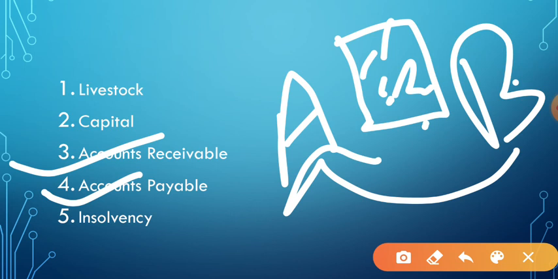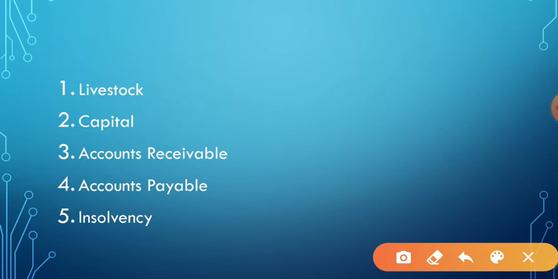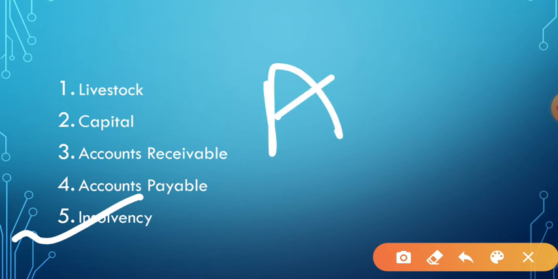Bills payable. Now, the last concept, insolvency. Insolvency is a state where a person is incapable of paying his debts. Suppose Mr. A has started a business. Now it was running very well, but suddenly something has happened. He became financially very poor.